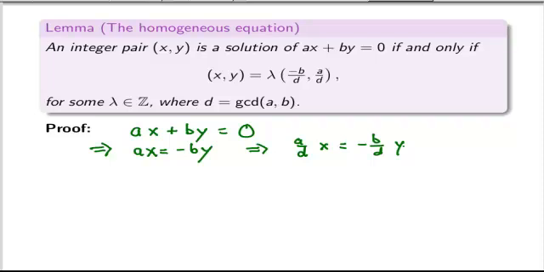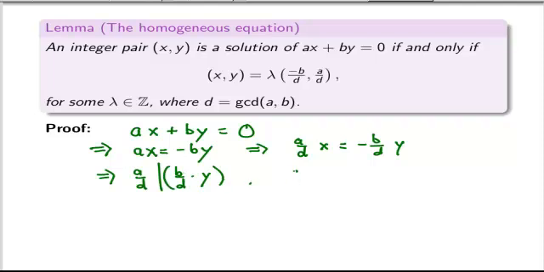Like that. Now a over d and b over d are integers because d is a divisor of both a and b. And this equation is telling me that a over d is a divisor of b over d times y, this product.